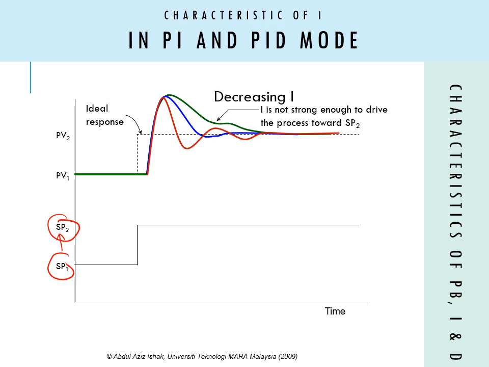If you can see the green line, I is not strong enough to drive the process toward the set point. Hence, we need to decrease I much lower than the one in the green line.